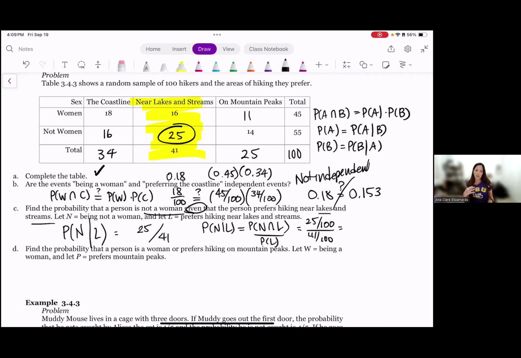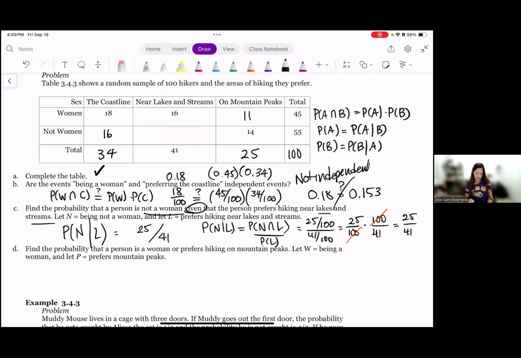When we've been doing conditional probabilities with complex fractions, what you do is you multiply by the reciprocal. That's the rule for dividing fractions. And I can reduce the 100 and 100 because it's like 100 over 100, which is 1. And 25 times 1 times 1 times 41 gives me 25 over 41. It's the same thing. But notice how easy it was to look at the chart and find where they focused and look at that total.